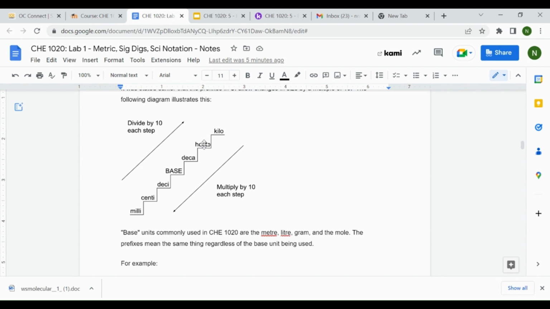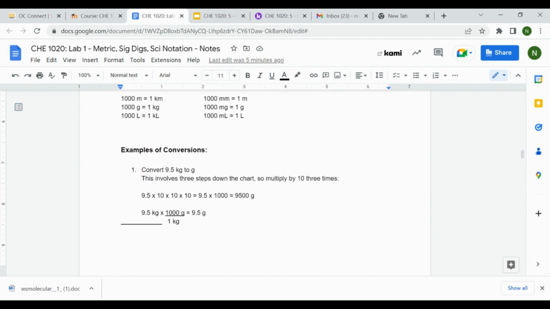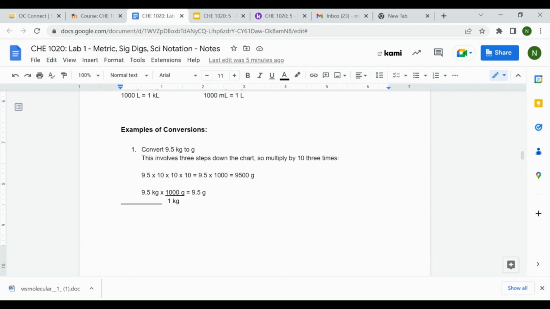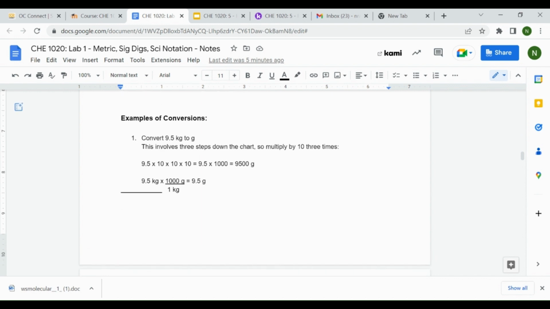So kilograms to grams, that's 1, 2, 3. I'd have to multiply 9.5 kilograms by 10 3 times. And that's what I've done here. 9.5 times 10 times 10 again times 10 again, which will give me 9,500 grams.